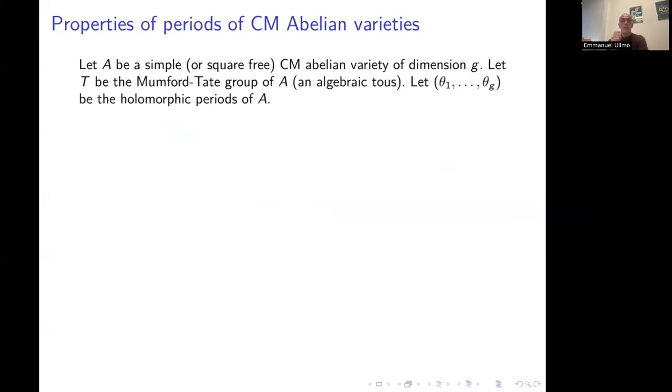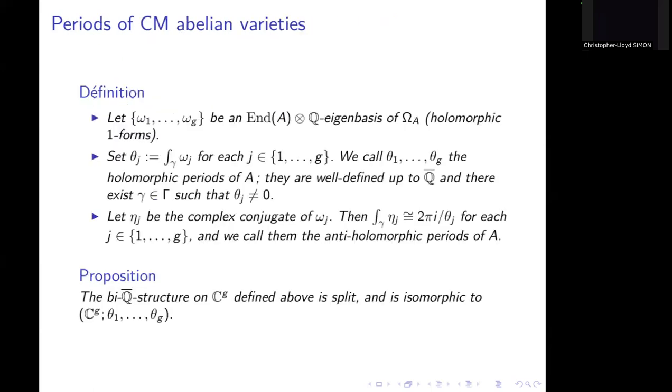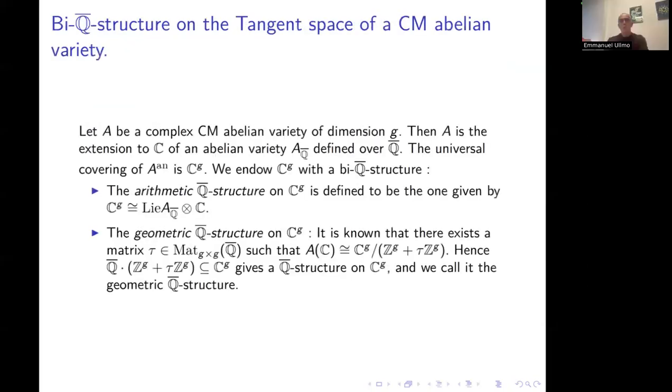Okay. So as I will speak a lot about... I'm sorry. What were the two structures? In the previous examples, what were the two Q-bar structures? I mean, one is coming from the fact that on the Lie algebra of the abelian variety you have a Q-bar structure, because the algebra is defined over Q-bar. Yeah, I meant in the next slide.